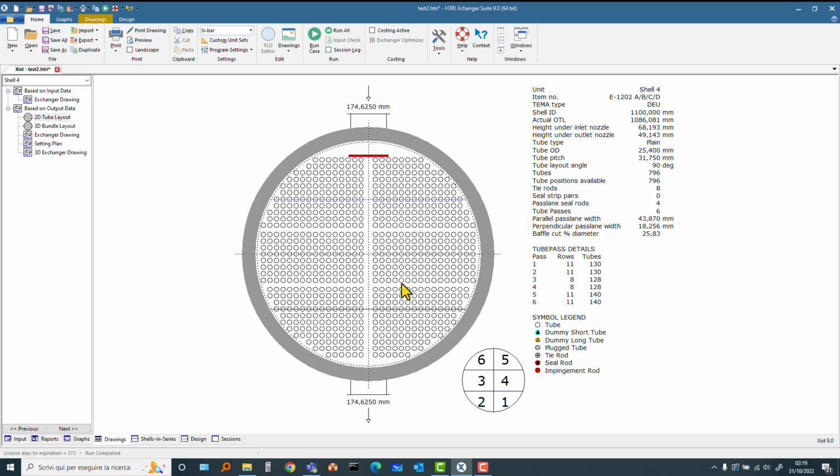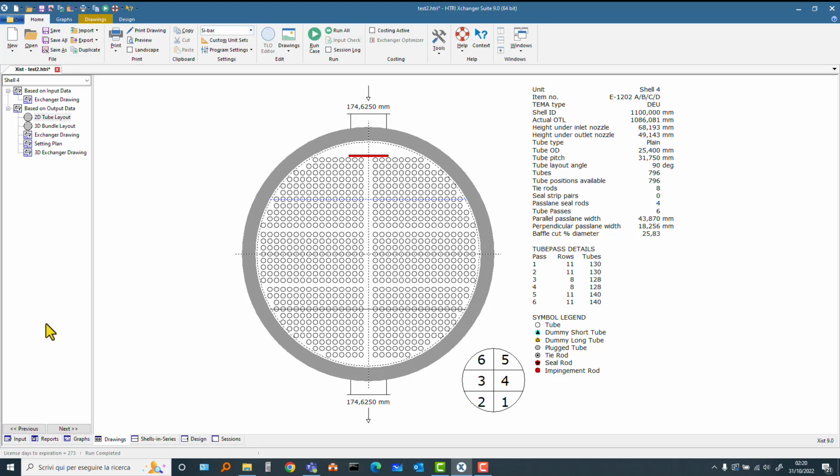But if there is a phase separation, so if the liquid goes down and the vapor goes up, the baffle cut here means that there is a barrier. So in order to proceed along the exchanger, the liquid level must go up and must be above this baffle cut. So in units of this type, it's much better to have a vertical baffle cut.